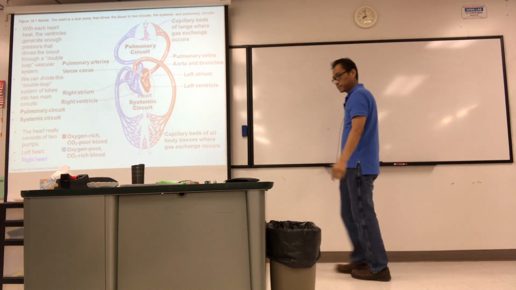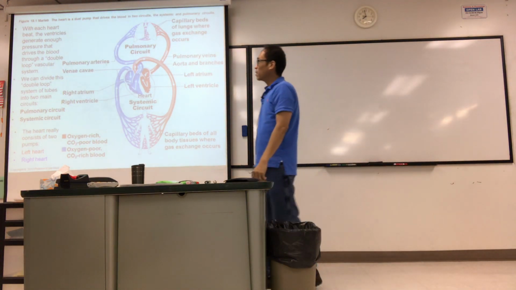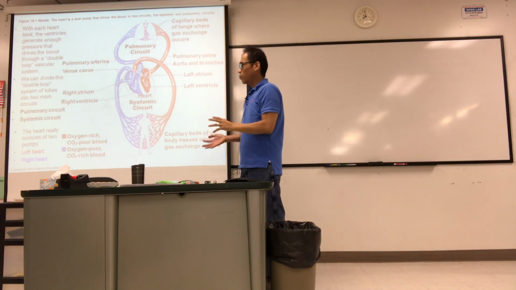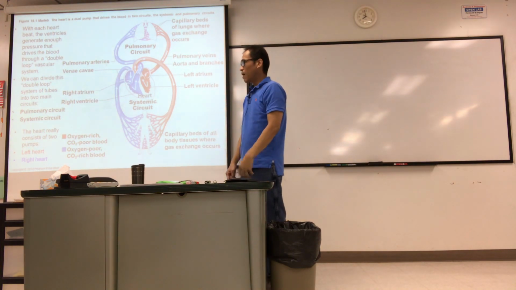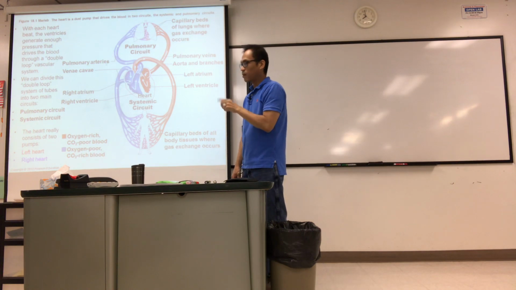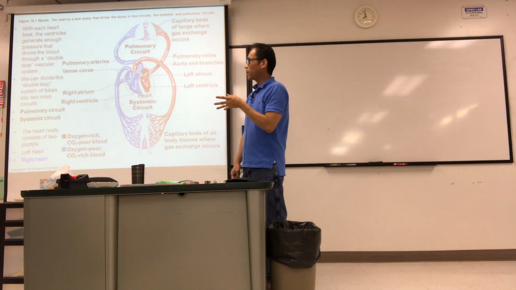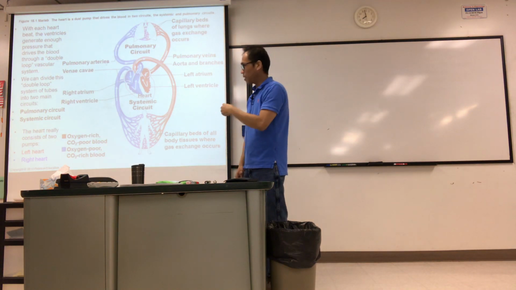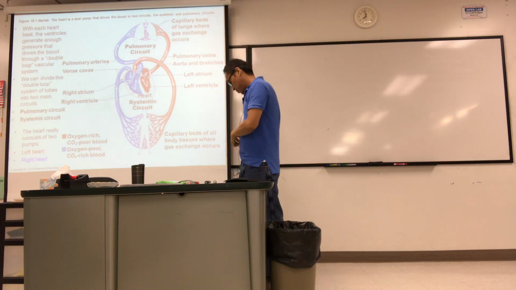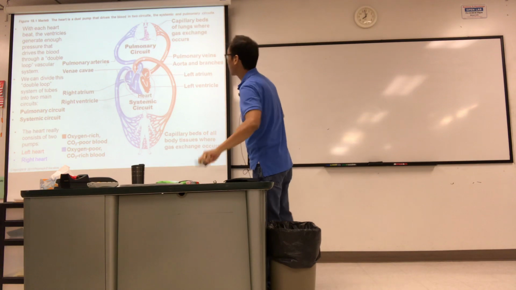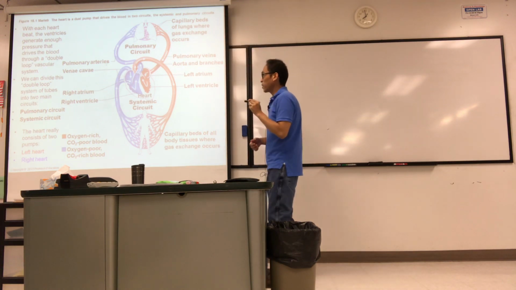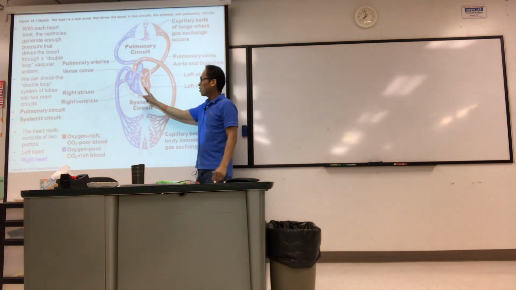Pulmonary circuit, start with that one. If you look at the heart, really on the bottom I say, you have a pump, it's a double pump, because you have a right heart and a left heart. Now the right heart has blue blood in it to symbolize the deoxygenated blood, and the red is to symbolize oxygen-rich blood. And let's start with the arteries that take blood away from the right heart.